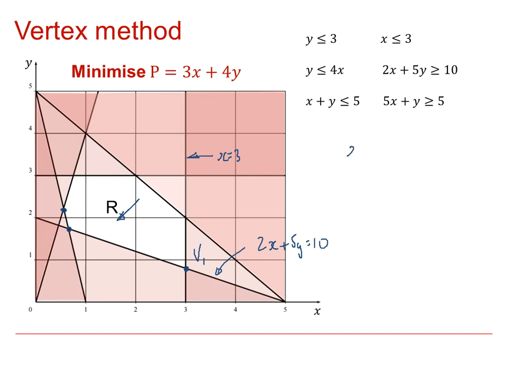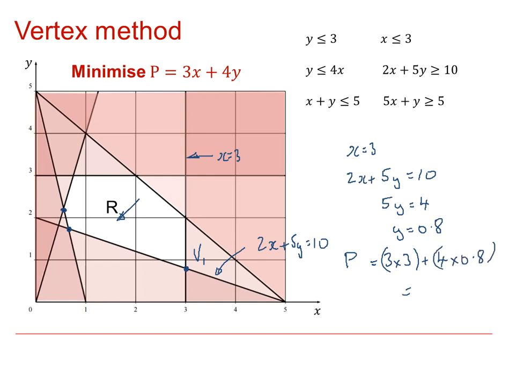So if x equals 3 and 2x plus 5y equals 10, then we can substitute to see that 5y must be equal to 4, and therefore y is 0.8. So at that point the profit is equal to 3 multiplied by 3 plus 4 multiplied by 0.8, which is equal to 12.2.